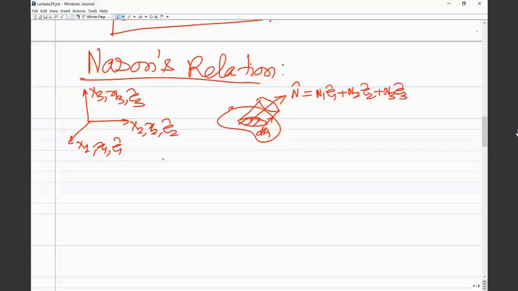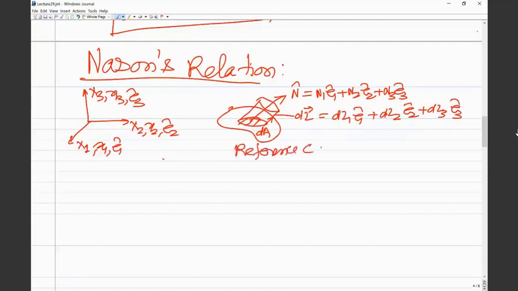For the volume I am considering, let us say this vector is dL, and that is a general one: dL1 into e1 cap plus dL2 into e2 cap plus dL3 into e3 cap. This is in the reference configuration, that is at t equal to 0.